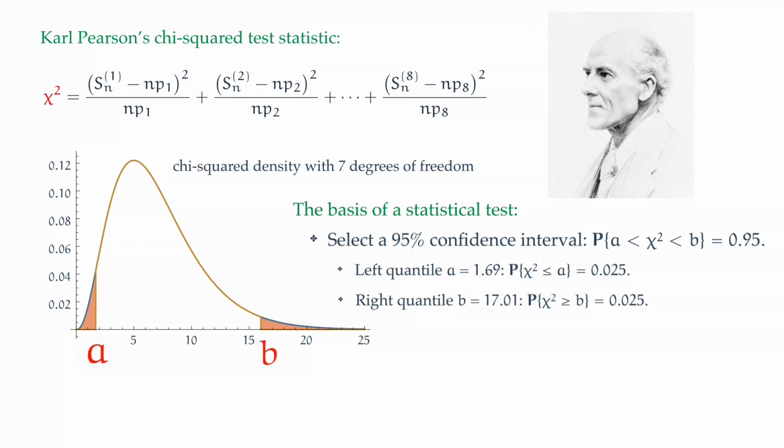And a numerical calculation for this particular density with 7 degrees of freedom shows you that if you want a 95% confidence interval arranged symmetrically like this, then the left quantile is about 1.69, the right quantile is about 17.01. Now we've got a confidence interval.